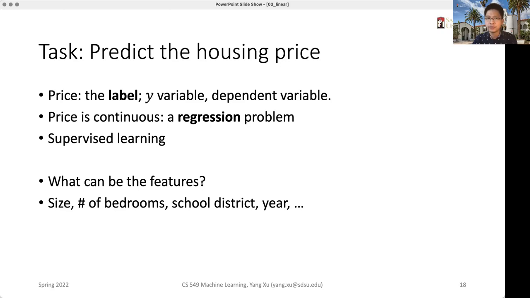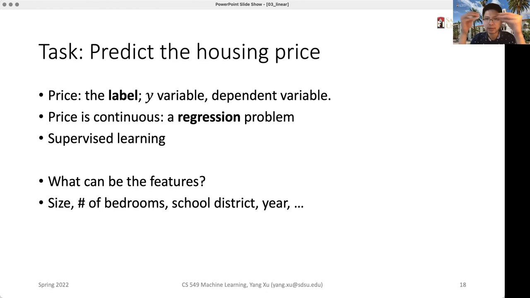The label, which is the price of the house, is actually a continuous number. We will give it the notation y in this case. And it's a supervised learning problem because we will first collect a lot of data that maps the house to its price in a one-to-one style.